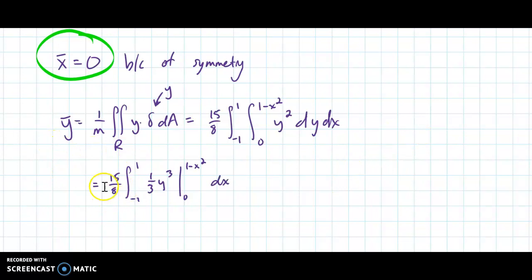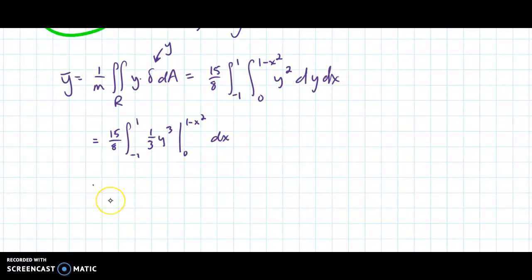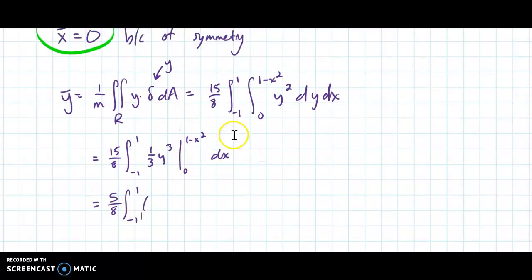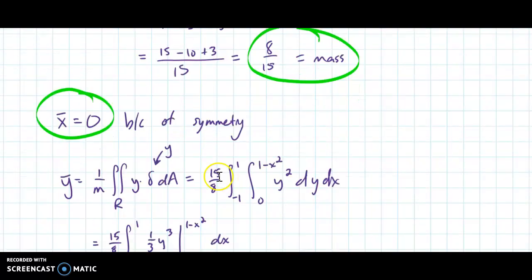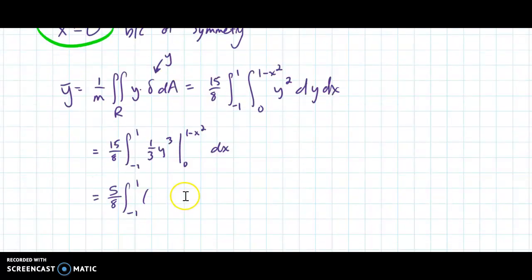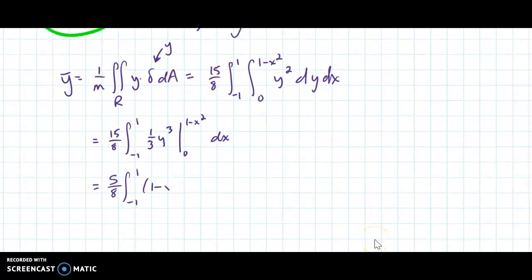This 1/3 is actually kind of nice because it divides into the 15 to give me a 5. So I have 5 over 8 integral -1 to 1 of same thing I had up here, where I subtract a 0 piece out because I'm going to plug in this there. So I'm just going to write the 1 minus x squared cubed dx.